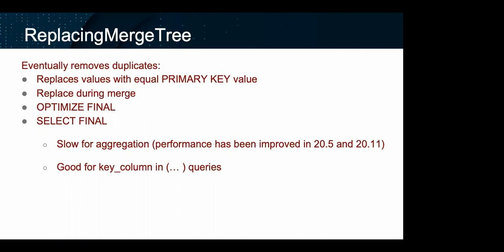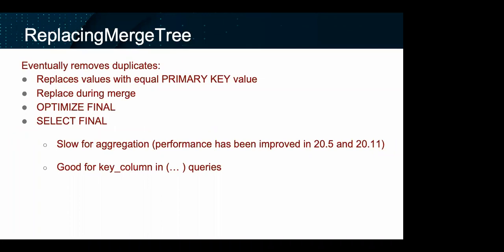This is good for the cases when consistency of duplicates is not that important, but you want to make sure that eventually you may have deduplicated data. SELECT FINAL is slow for aggregate queries. Consider you have a table with billions of rows, then SELECT FINAL from that table may be quite slow.